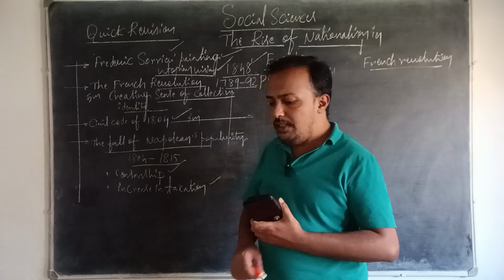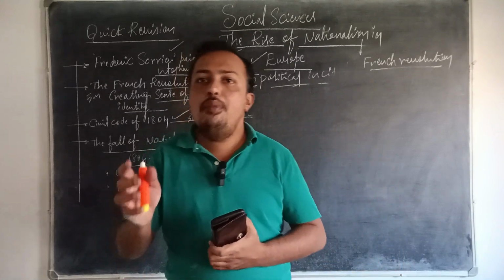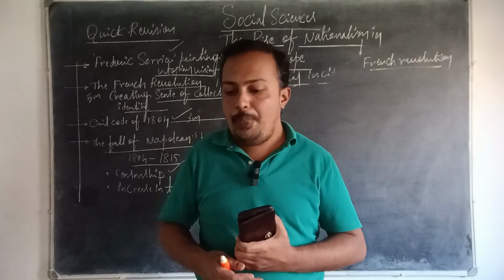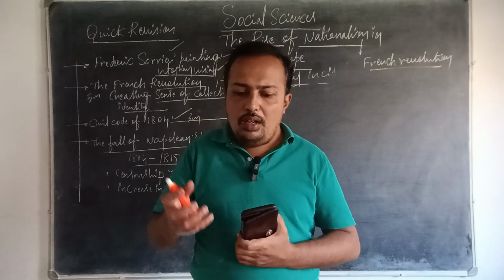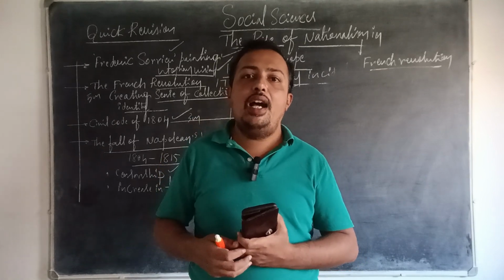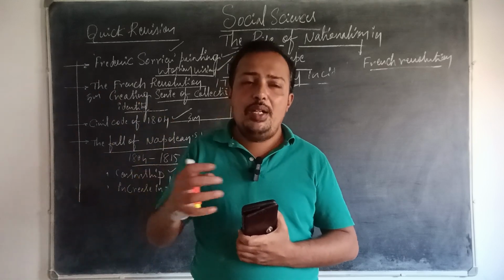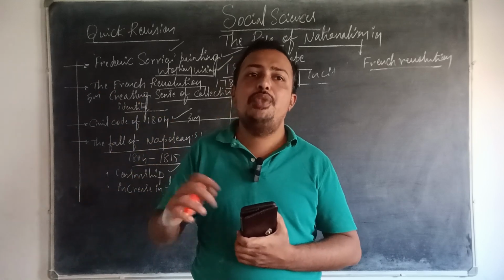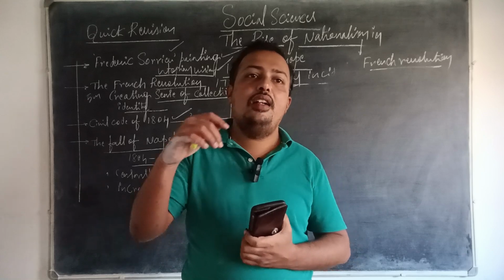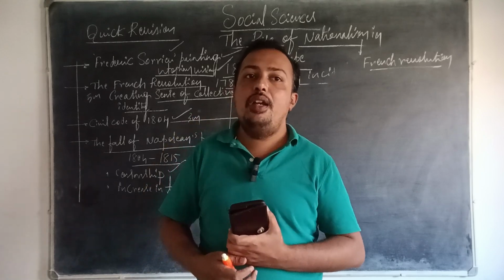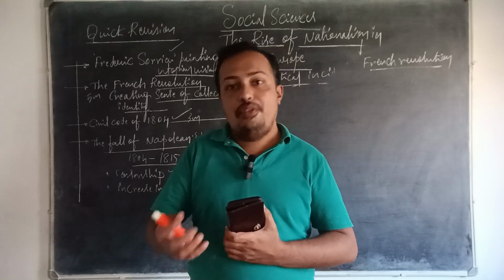And another point is there: the Napoleon army became the force of invention. So they started to drag the people of other nations into their army, forced conscription of the people of other countries into the French army.